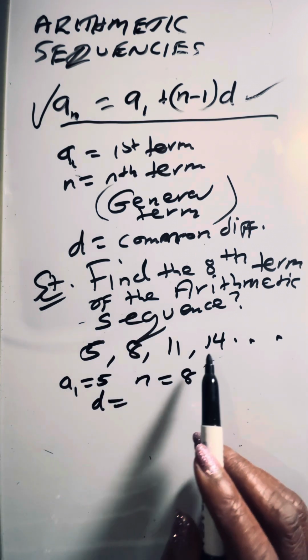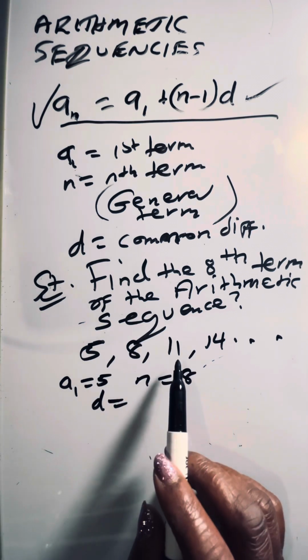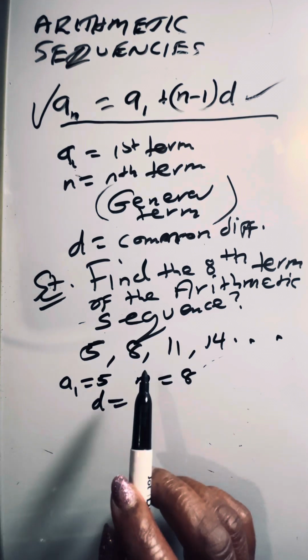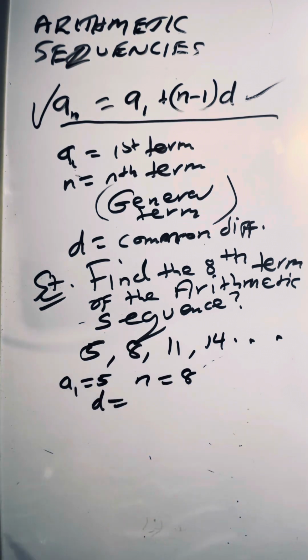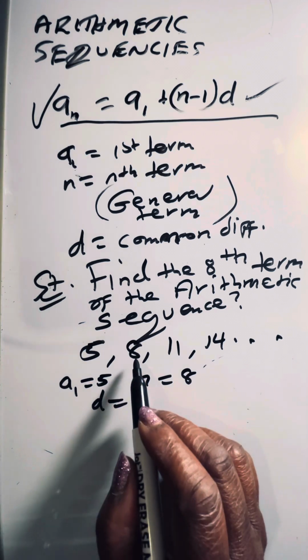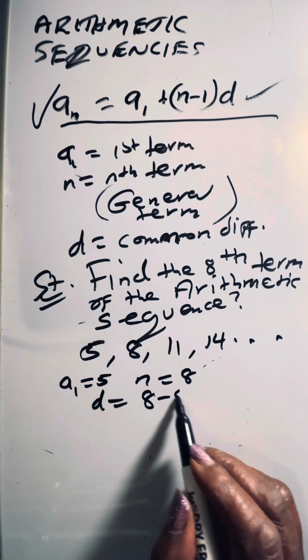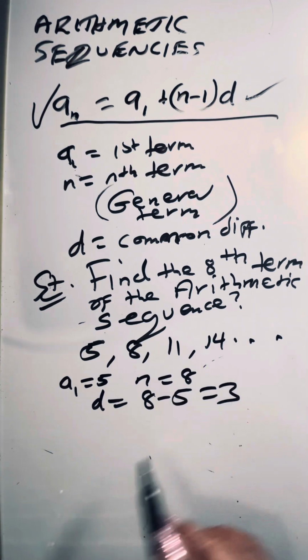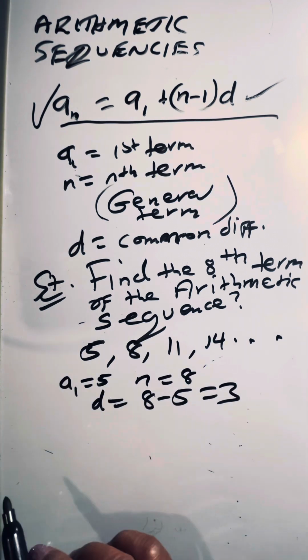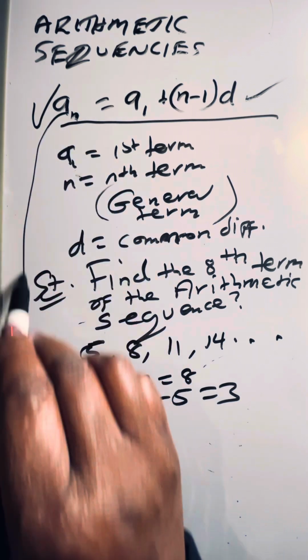We can do 14 minus 11, 11 minus 8, or 8 minus 5. For this problem, I'm going to say the common difference is 8 minus 5. That gives me 3.